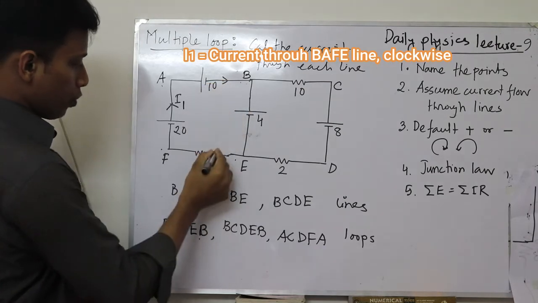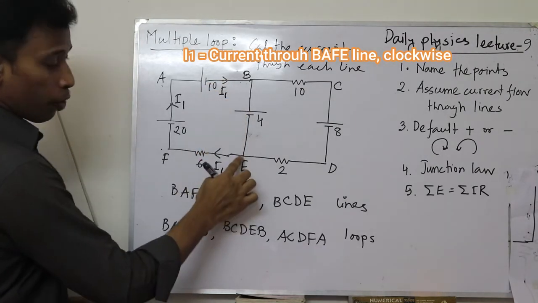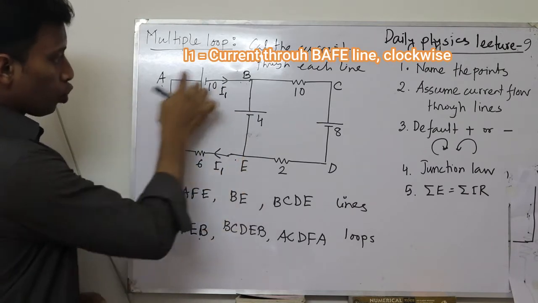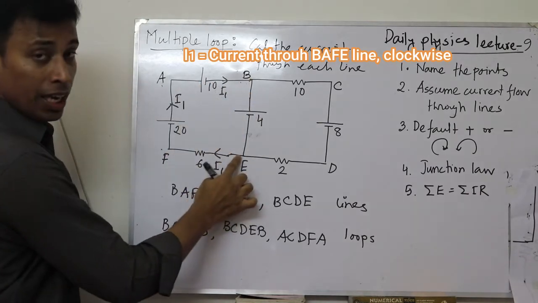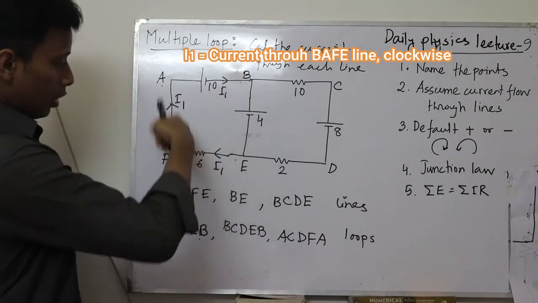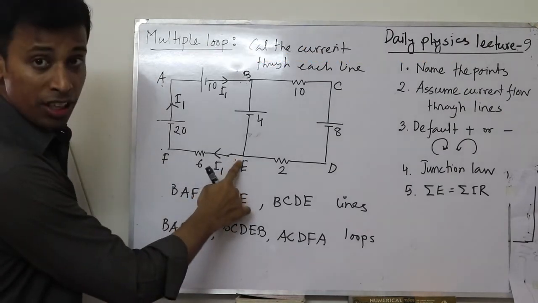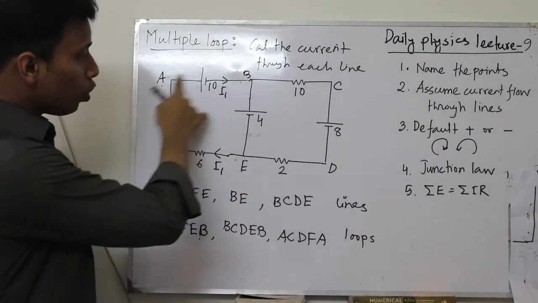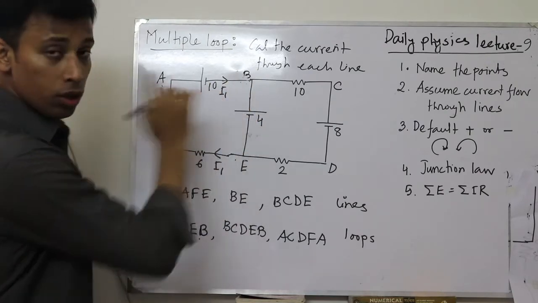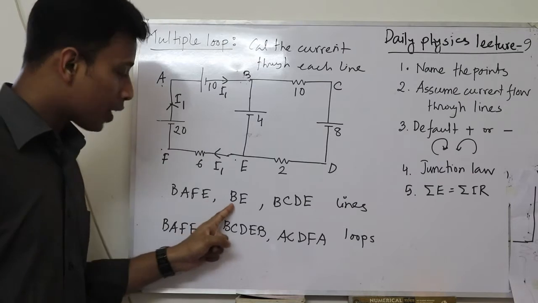So from E to B, this is one line, and I assume the direction of current flow from E to B. That's I1. This is my assumption.